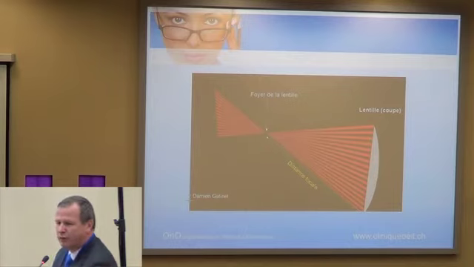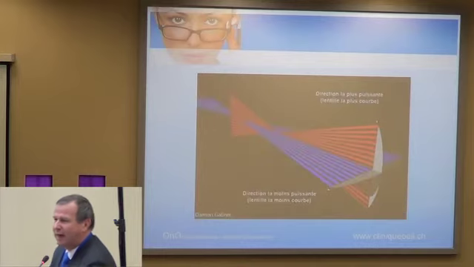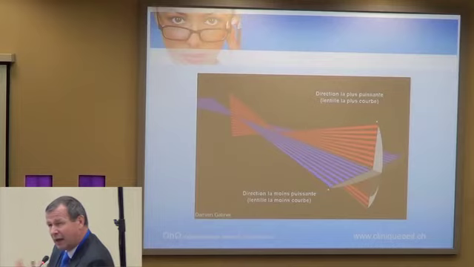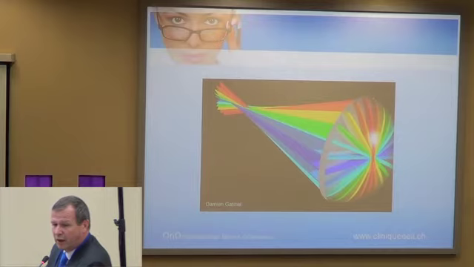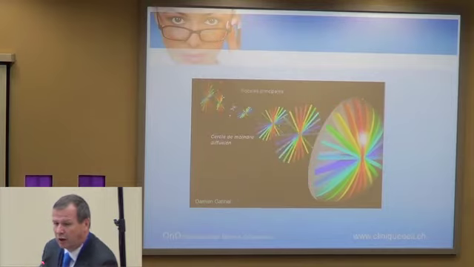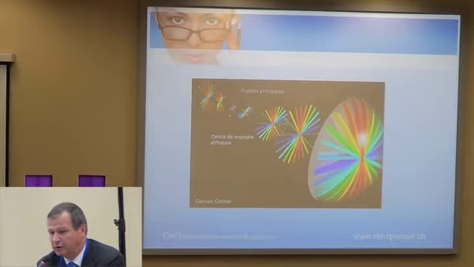So that's one focal, and that's the second focal of the astigmatism. You have two focal, and that's how we think astigmatism is. But if you look at how he designed the astigmatism, you have a lot of different focus in between the two focus.